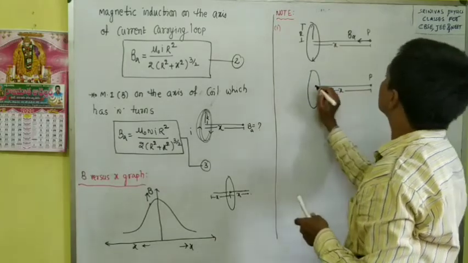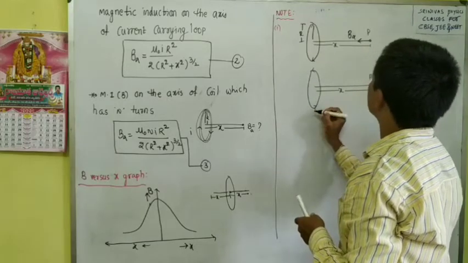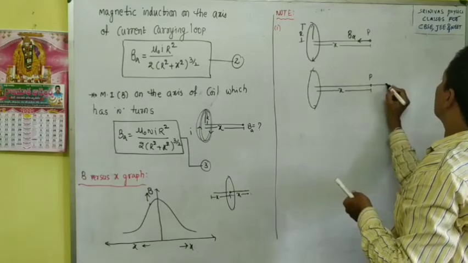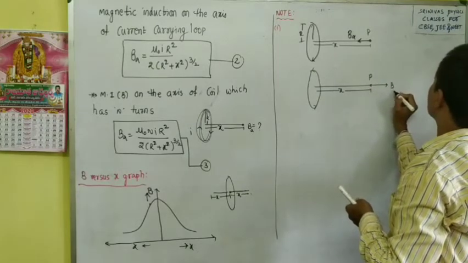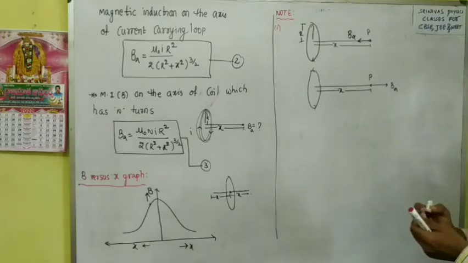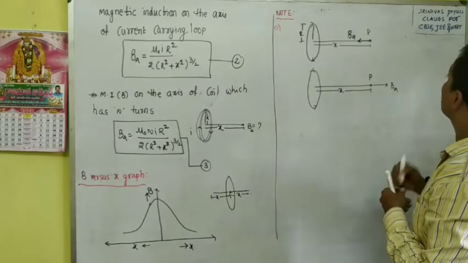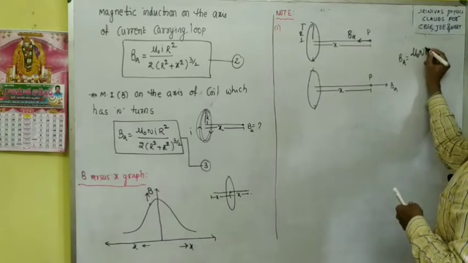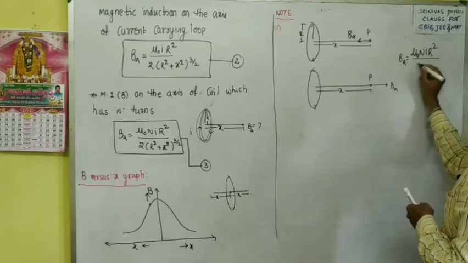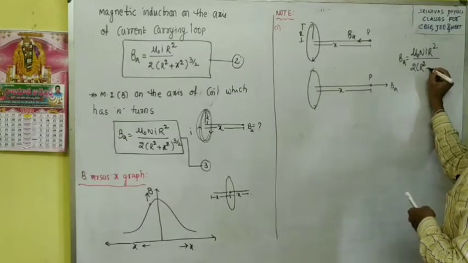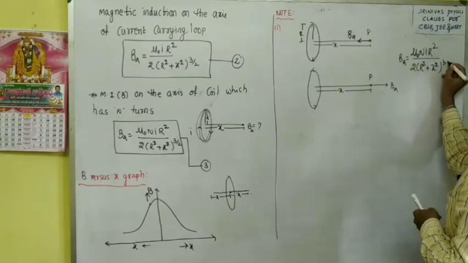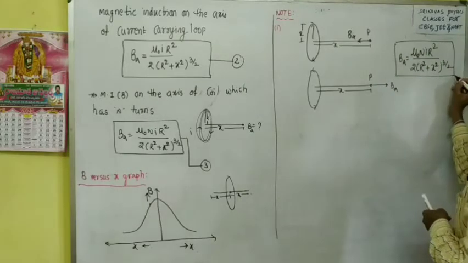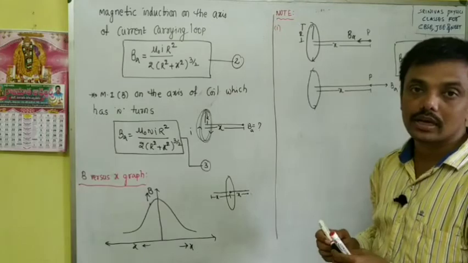Then if the current is like this, at that moment the field direction will be outward. And the field formula we already derived: mu naught N i r square by 2 of r square plus x square whole power 3 by 2. This is how to find the direction by using the right hand rule.